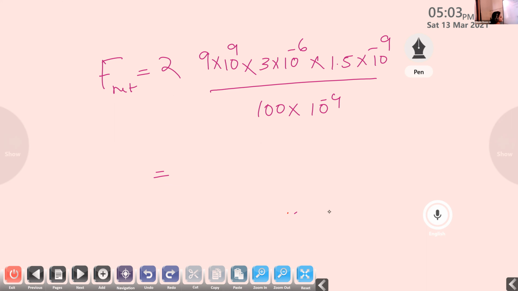While solving this, we get 2 times, cancelling these terms, not 2 × 10^7, 2 × 9 × 10^7 × 3 × 10^2 × 1.5 × 10^-9. By cancelling this 10^4, we get like this.